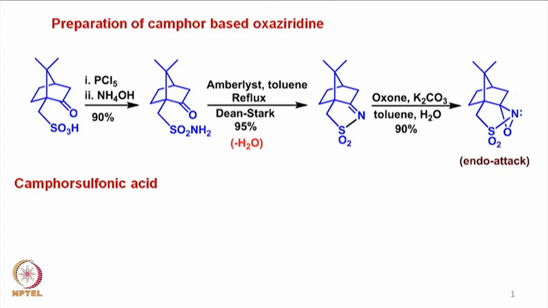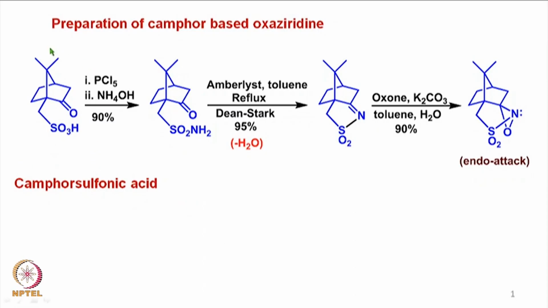Now how do we make camphor based oxaziridine molecules, which will be useful for reacting as chiral oxaziridines for introducing an alpha hydroxy group next to a ketone or any other oxidation?